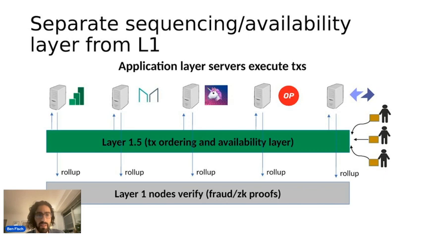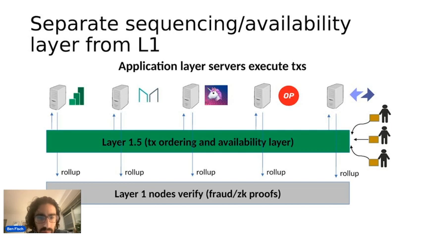Now, there could be a reason to separate out this transaction ordering and availability layer into what we might call a layer 1.5, which would sit between the layer 1 nodes and the application layer servers that are executing transactions. And what might be some reasons to do that?